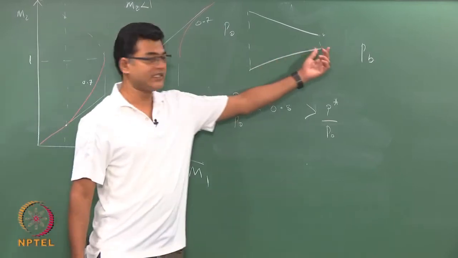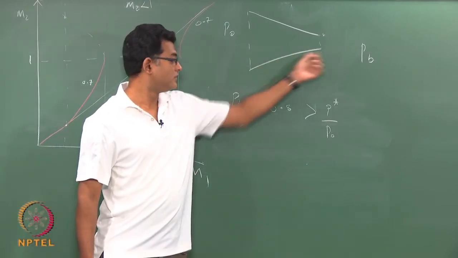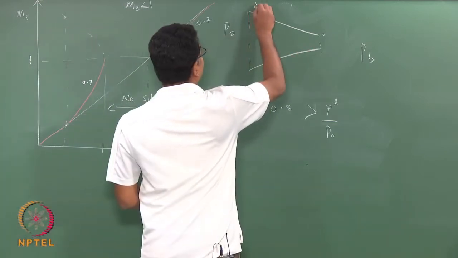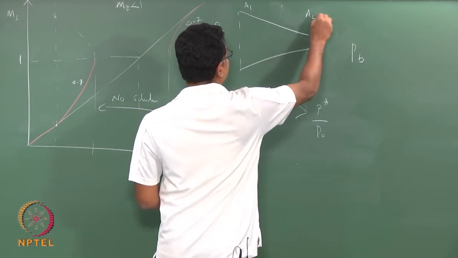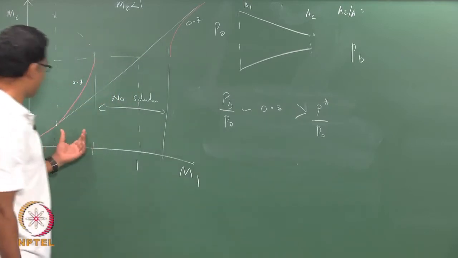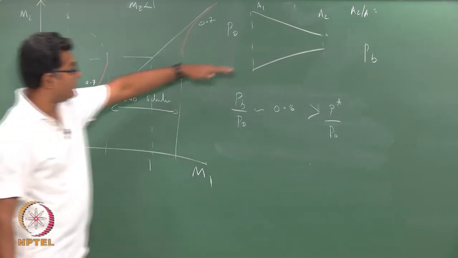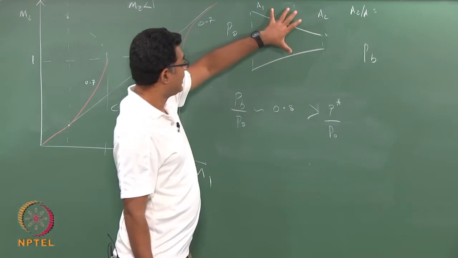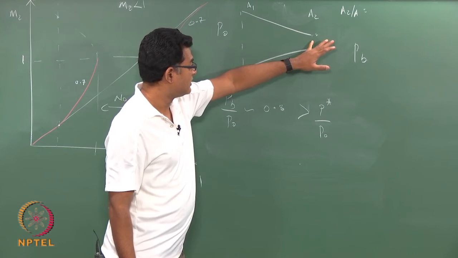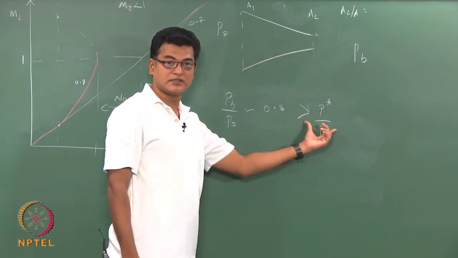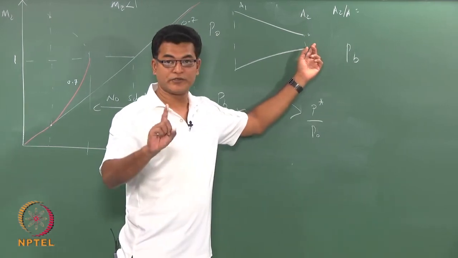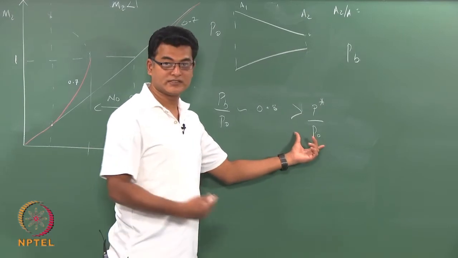So we know that the exit Mach number is not 1; it is less than 1. I have A1 here, A2 here, and A2 by A1 is some value where I have a solution. Whatever I do to the area or inlet Mach number, if you have already reached your critical pressure, the exit Mach number is always going to be 1. But this is a case where it is less than 1.